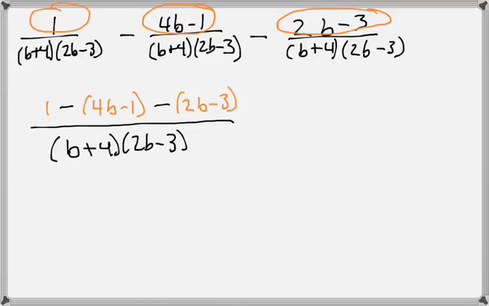Now we can go ahead and distribute that negative sign as if it was a negative 1. So it's essentially a negative 1 that we're going to distribute in both places.